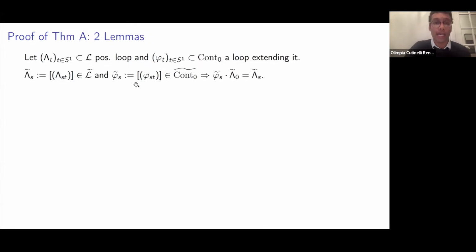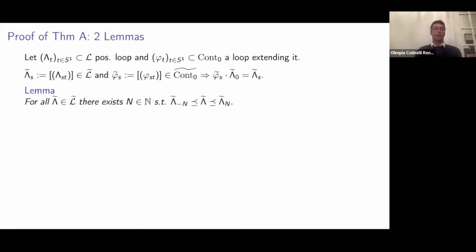And phi tilde s is the same: you take a real number s, and phi tilde s is the lift of phi st, with t going from 0 to 1. Just to make sure that everyone agrees with the notation, phi tilde s applied to lambda 0 gives you lambda s. This is just some notation.